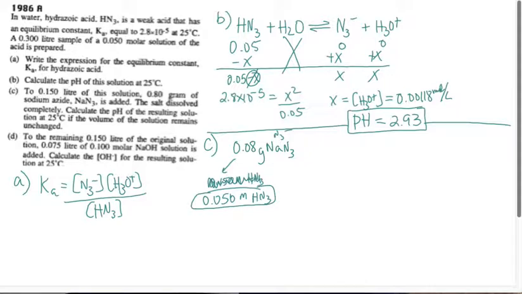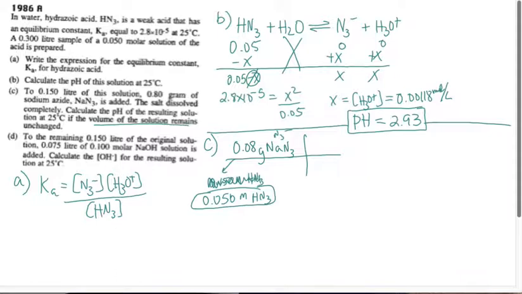We just need to find the concentration of the salt. When they say assume the volume remains unchanged, what they're saying is when you put that little amount of salt in there, your solution is still 0.15 liters. So you're allowed to then divide the moles, once we get it, by 0.15.